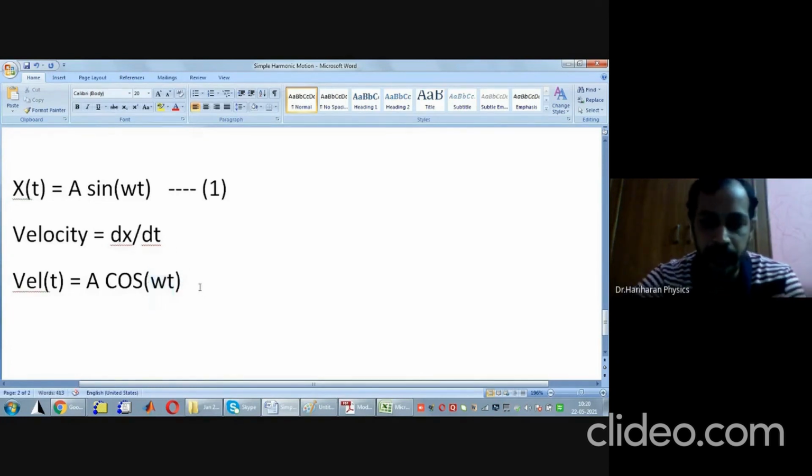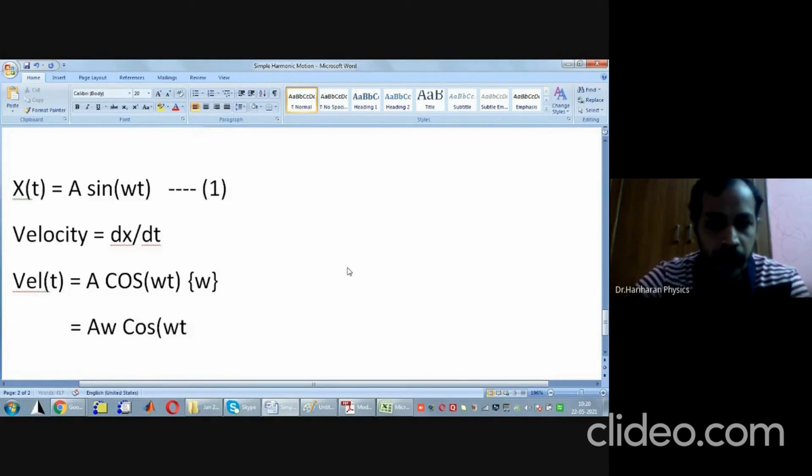Omega. So you will have omega coming out. Therefore, the velocity of the body is given by velocity equal to A omega into cos of omega t. All of you are able to see?